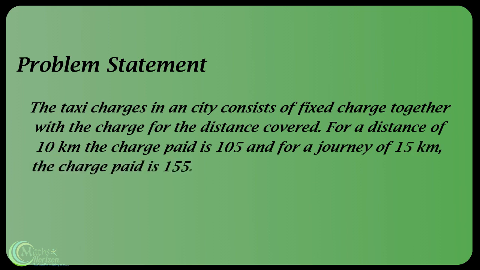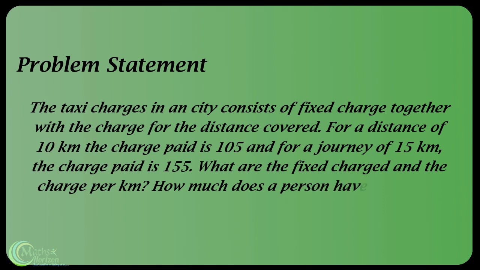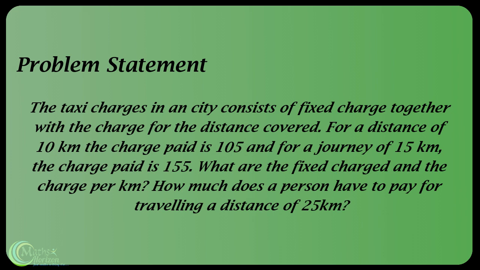What are the fixed charge and the charge per kilometer? How much does a person have to pay for traveling a distance of 25 kilometers? Form a pair of linear equations and obtain the solution graphically. So here getting the solution means finding the values of the variables x and y.